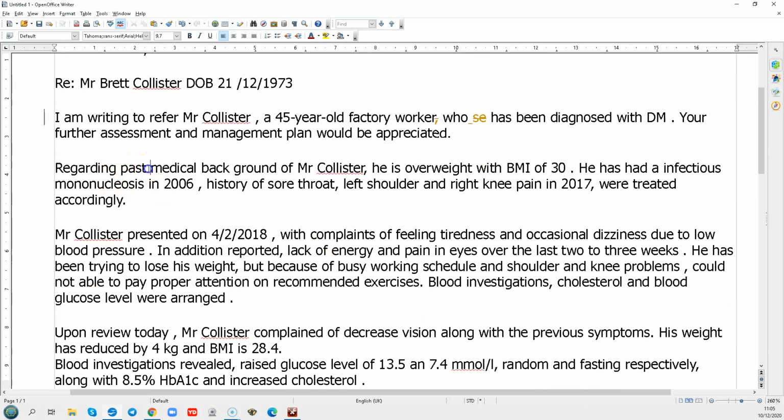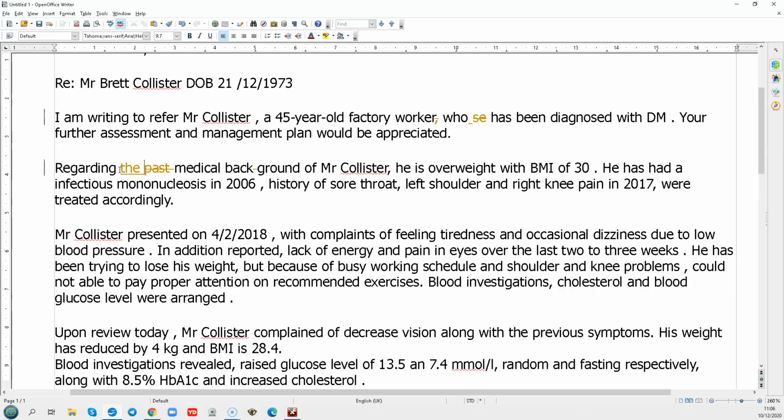Regarding past, well, of course it's past. If it's a history or a background, of course it's in the past. And we need an article: background, and that would be one word. Background is a noun, so we would need an article. Regarding the medical, or just say, regarding Mr. Collister's medical history.